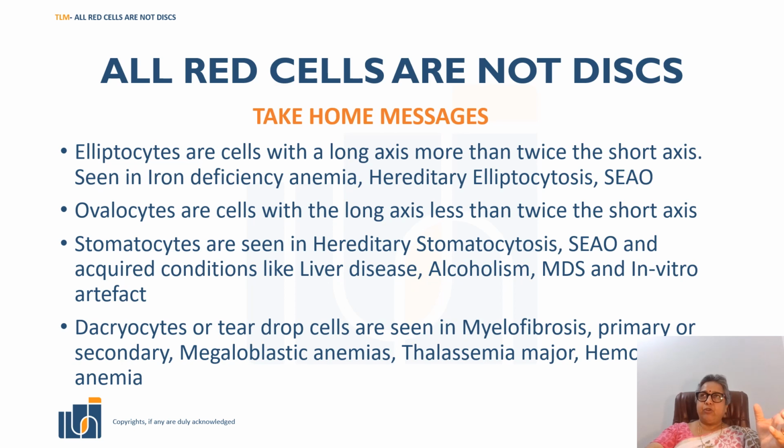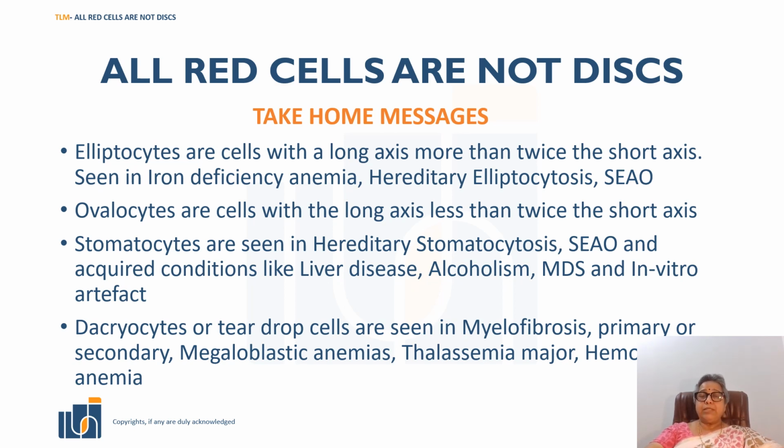It's seen in hereditary ovalocytosis. Stomatocytes are seen in hereditary stomatocytosis, Southeast Asian ovalocytosis, acquired conditions like liver disease, alcoholism, MDS, and as an in vitro artifact. Dacryocytes or tear cells are seen in myelofibrosis, primary or secondary, megaloblastic anemia, thalassemia major, and hemolytic anemias.